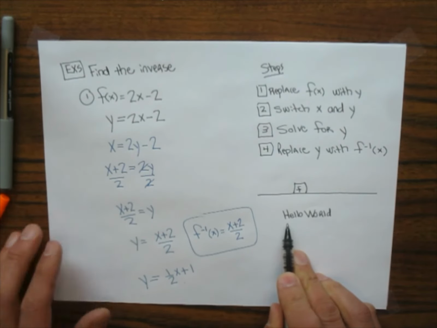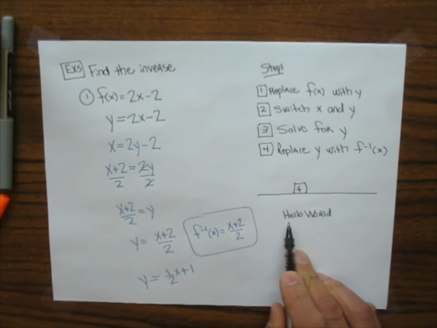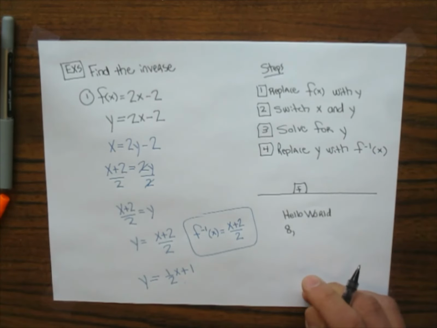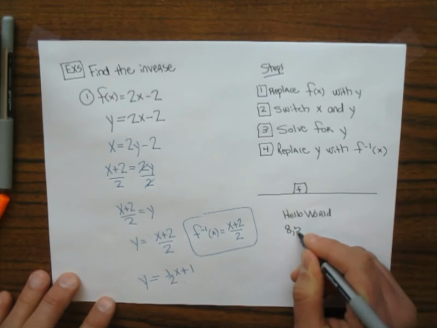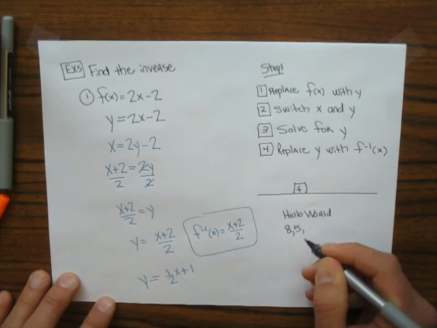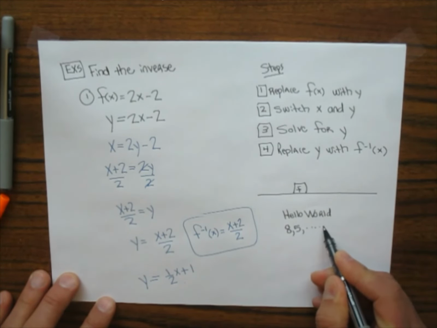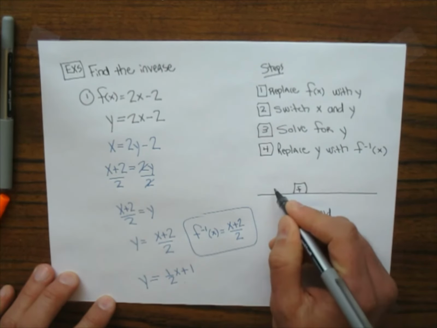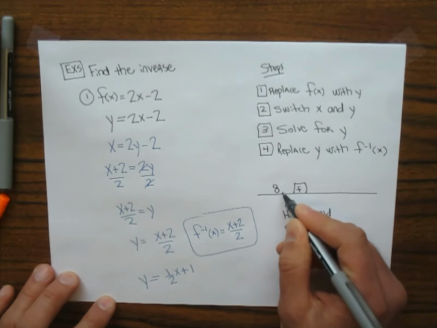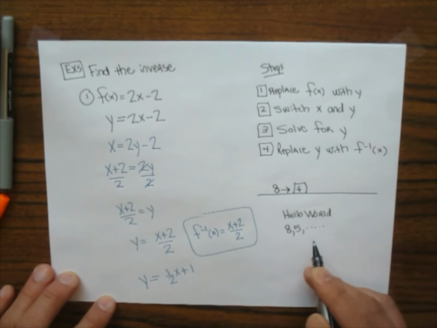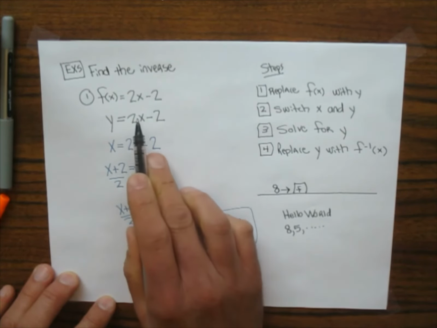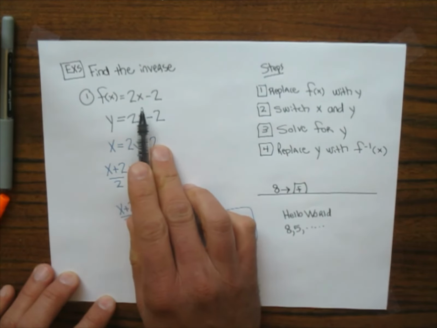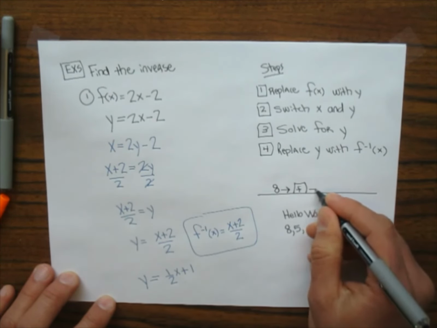So H. A, B, C, D, E, F, G, H. That's an 8. And then E. A, B, C, D, E. That's a 5. Okay, and so on. So you want to encrypt this message. You start off by doing it one letter at a time. You put 8 into that function, and you end up getting 16 minus 2, which is 14.